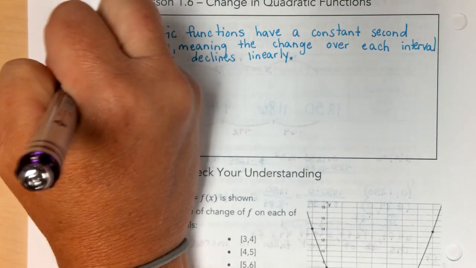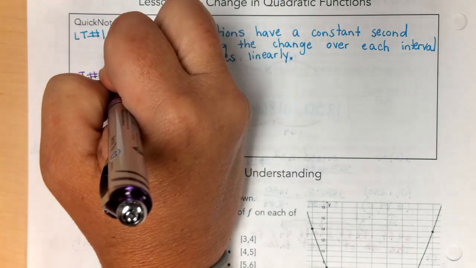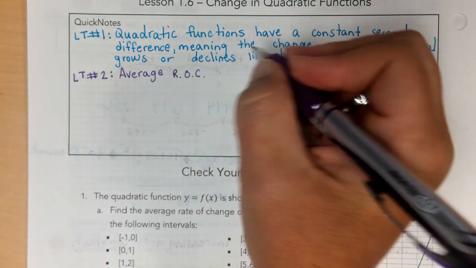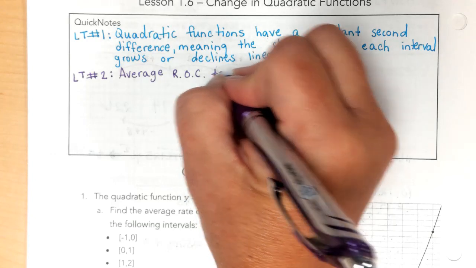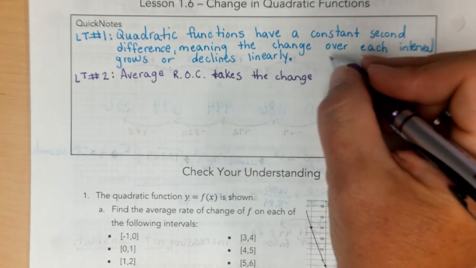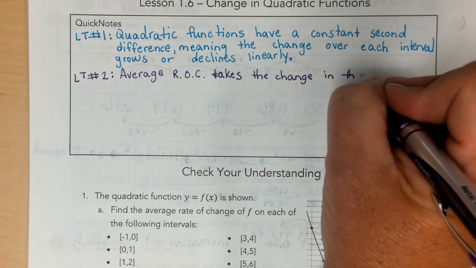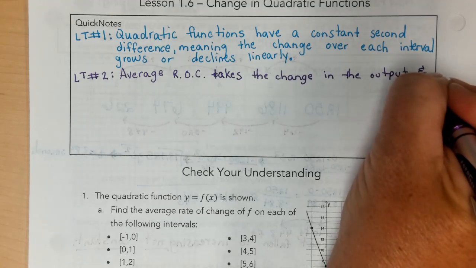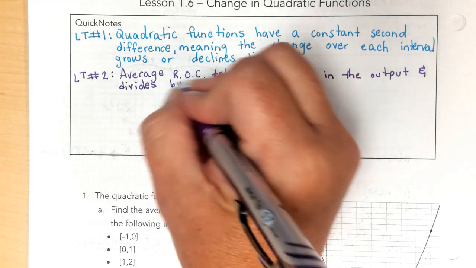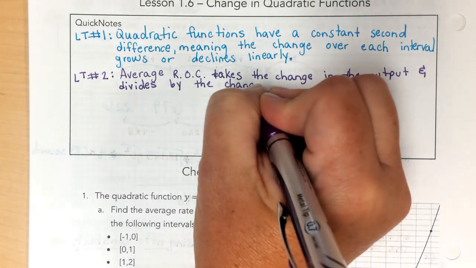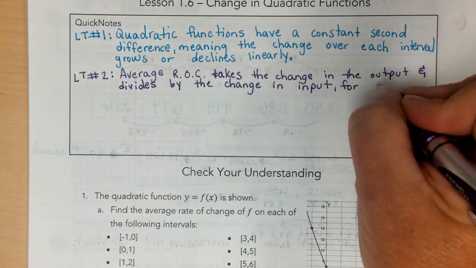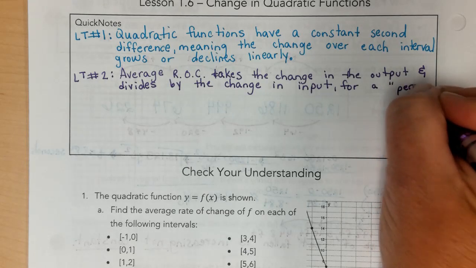And then learning target number 2 says that the average rate of change takes the change in the output and divides by the change in input for a per unit measure.